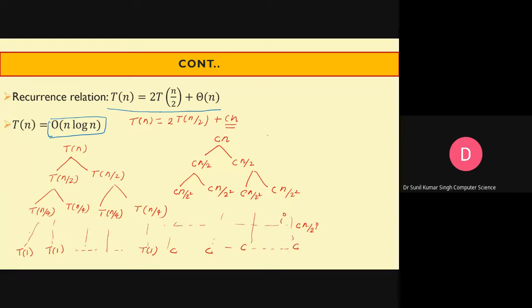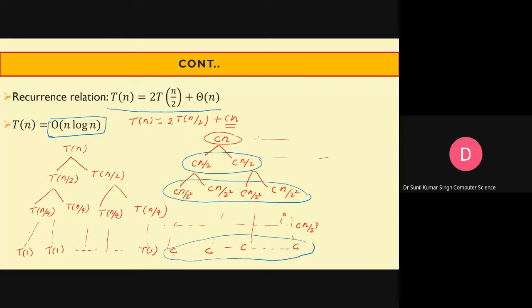So the cost associated with each level, if you add them, this one, and this one, similarly this one, and here also, you can see all these steps are going to contribute Cn.